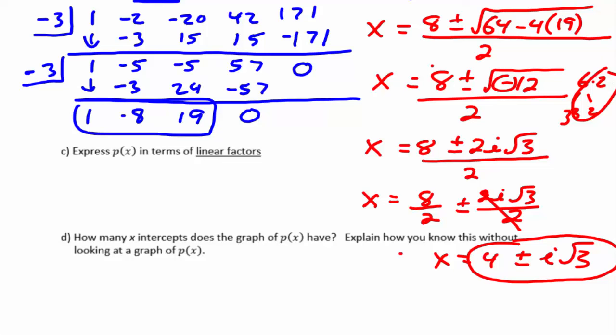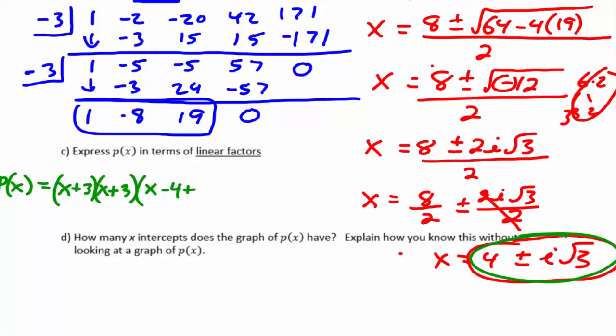Express p of x in terms of linear factors. Let's do that. So p of x equals, okay, well we had -3, -3, so that's going to be x plus 3, x plus 3. The other linear factors are going to come from this. x minus (4 plus i radical 3) and x minus (4 minus i radical 3).